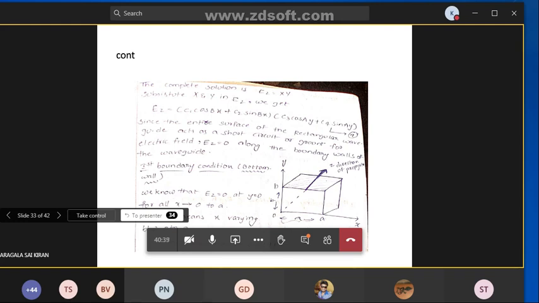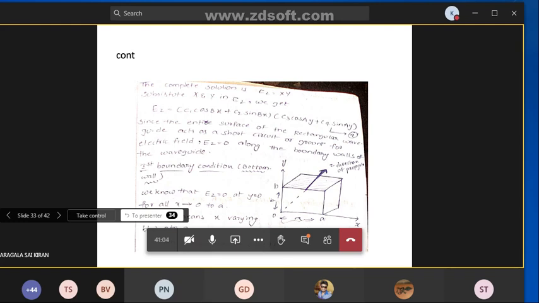At y equal to b, for all x changes from 0 to a, right? In the first boundary condition y equal to 0, that is the bottom wall, but in the top wall y equal to b, and x changes from 0 to a.